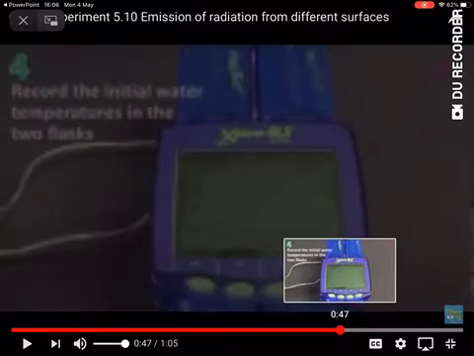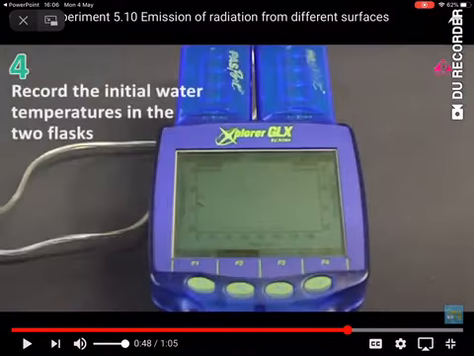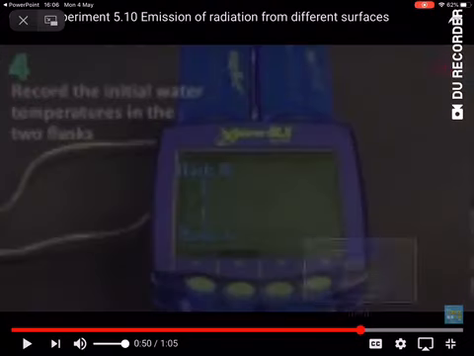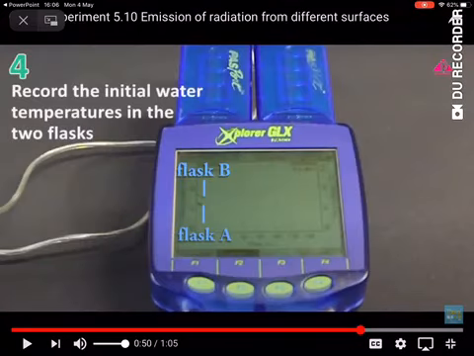So in here, it's important to see which line represents flask A. Take a look at the beginning. At the beginning here, flask A actually starts off with a lower temperature already. Remember, flask A is the one with the dull and black surface.